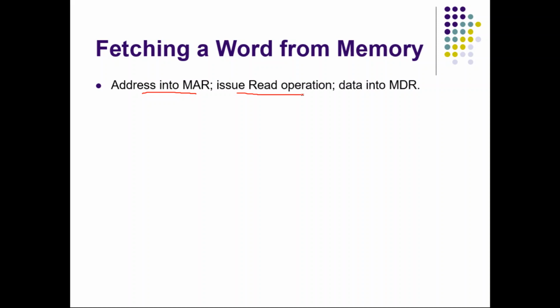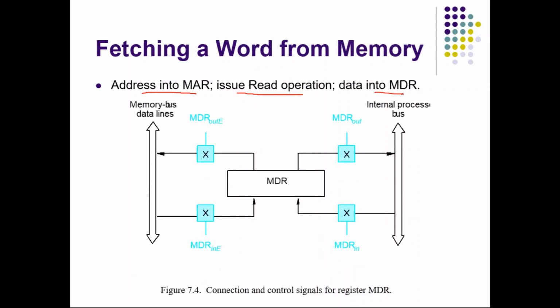The processor should issue the read operation, and the data will be available in MDR. These are the brief steps. The memory address from which the data should be read should be available in MAR. Give the read operation, and the data from the memory will be moved to MDR.